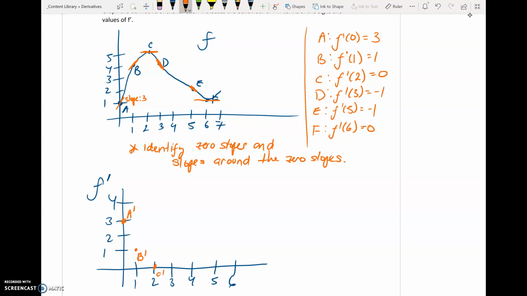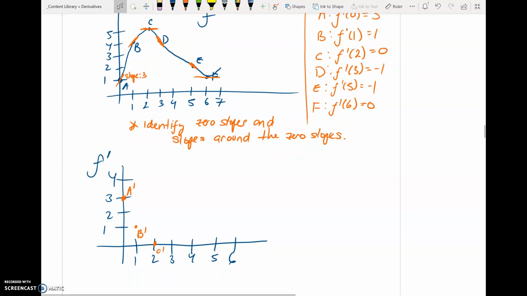The C prime, and then we're going to go down to negative 1, so I'm going to continue this graph. 3, negative 1, 5, negative 1, and then lastly 6, 0.